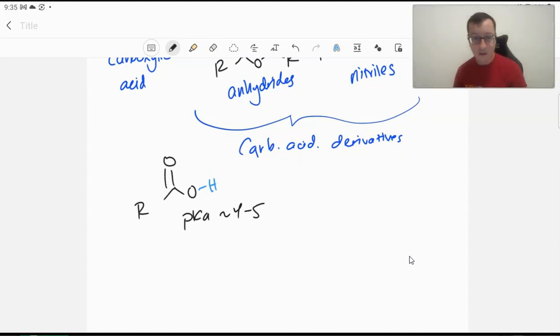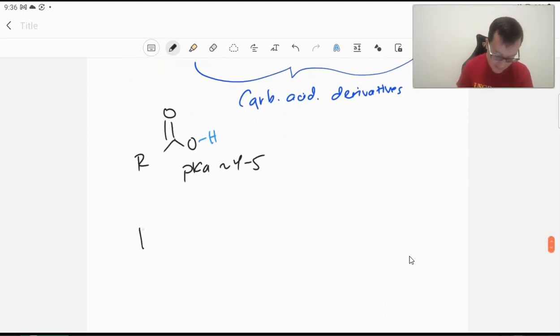Acetic acid, a pKa of 4.74, pretty standard. So we're looking at around 4 or 5 for pKa's here. So they're weak acids. And of course, as we know, we can mess with these by adding various groups to it. We see that the reason that these are stabilized, by the way, of course, is due to resonance.